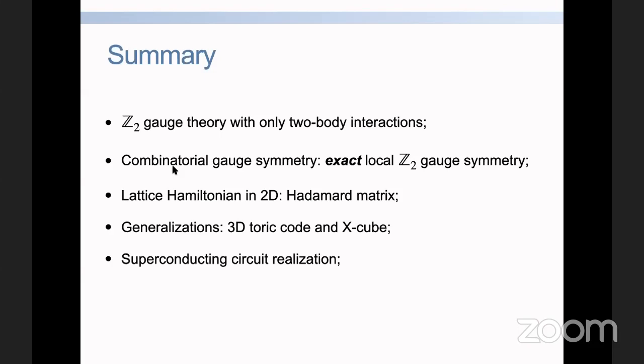So how do you introduce orientation in your picture? Is it the same? You just put an orientation on every edge? Yeah. Of course, you cannot use spins. You have to use something else that plays the role of a clock operator. But for example, you can use superconducting wires.